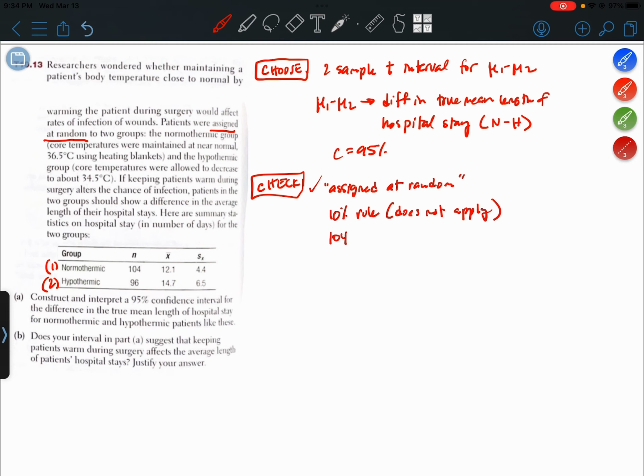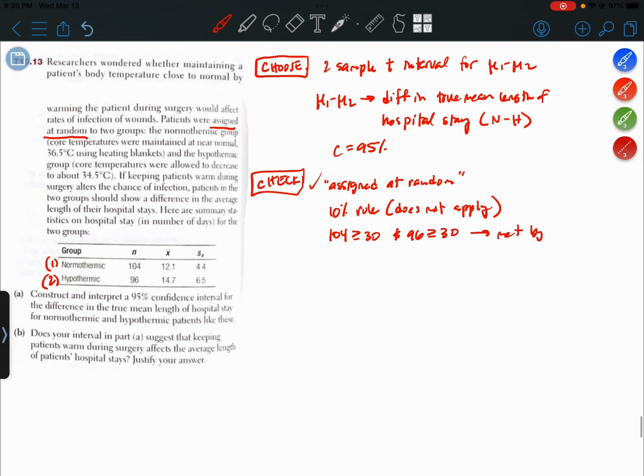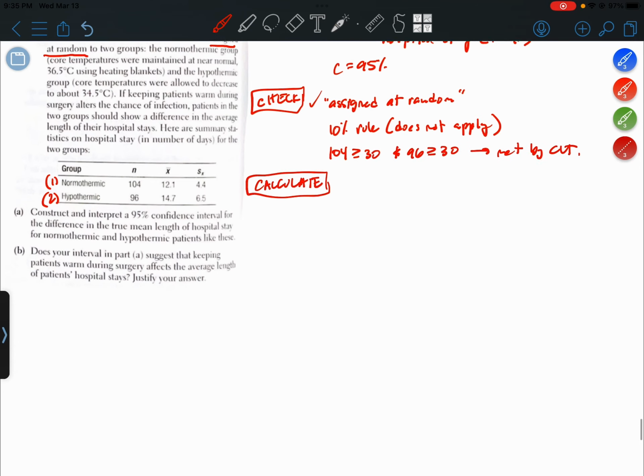We have 104 in the first treatment group, that's at least 30, and 96 in the other group, which is also at least 30. So our final condition, which is called the normal/large sample condition, is met by the central limit theorem. All right, so now we can move on to the calculations.